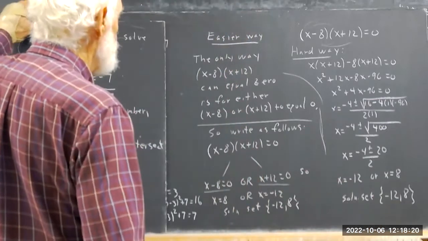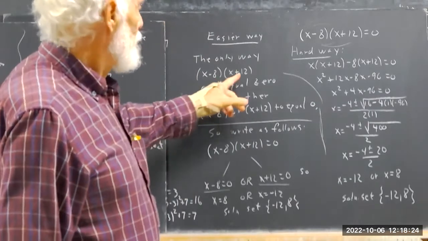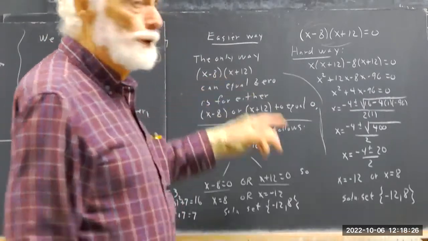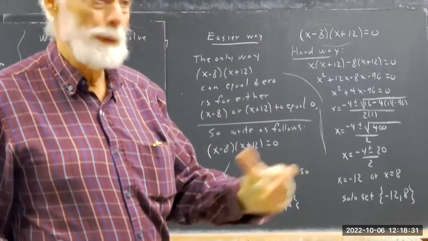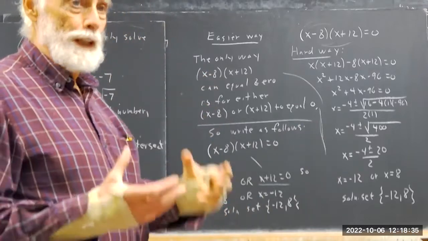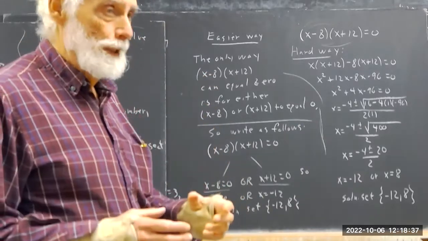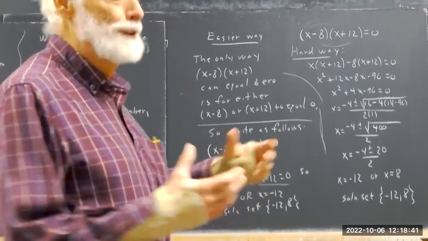if it's factored already, well, the only way a product of two numbers can be 0 is if one of them is 0, maybe both. It might be the same. You can't find two numbers that multiply out to 0 unless at least one of them is 0. If they're both 0, it's still 0.